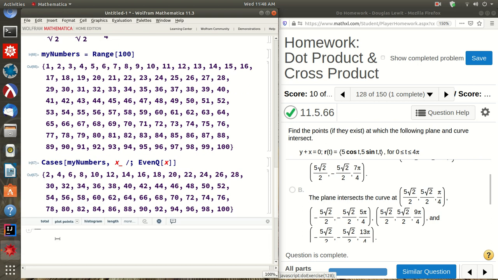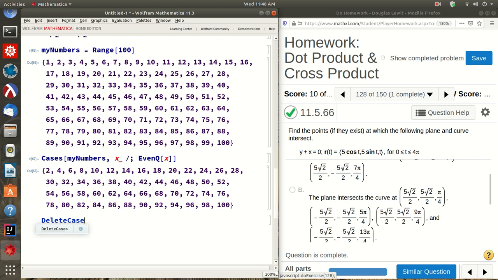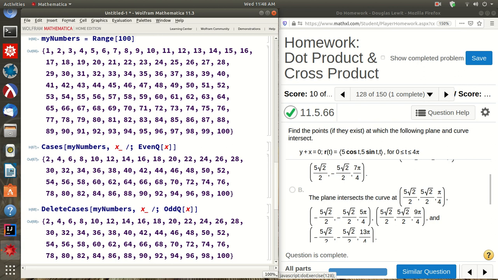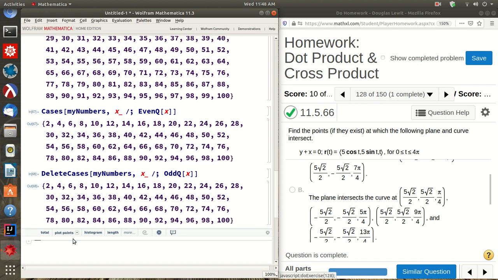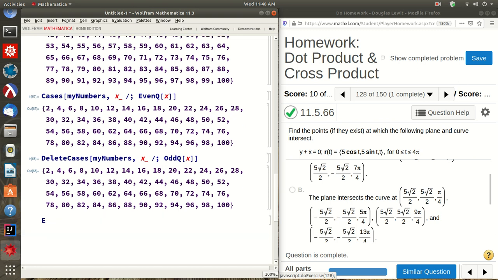Or I could do this. Delete cases, my numbers, odd Q X. So now I'm deleting the odd integers, the odd numbers. It's really the same thing, right? You're just approaching the problem from the opposite end, but it's the same idea. How do you test if a number is even?